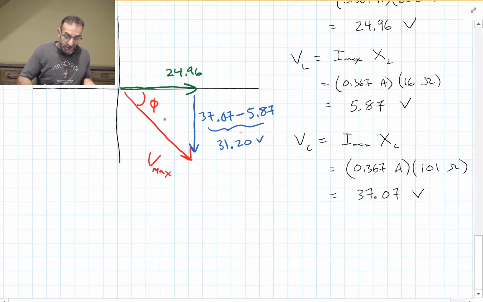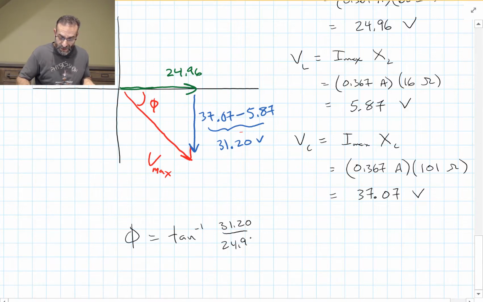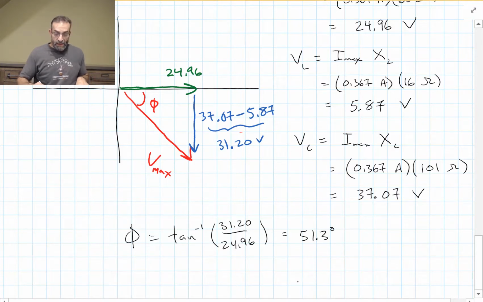So let's find our phase angle. Inverse tangent of 31.2 over 24.96, and I got 51.3 degrees. Now we're below the horizontal.